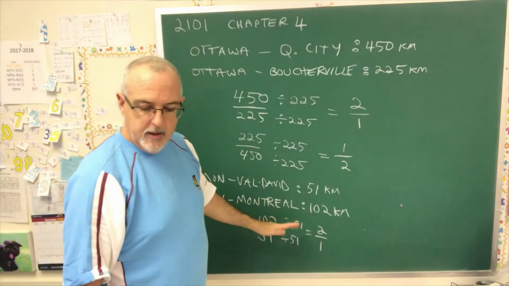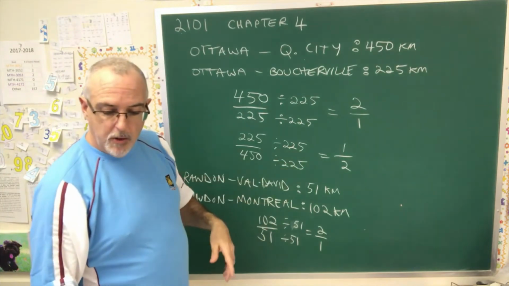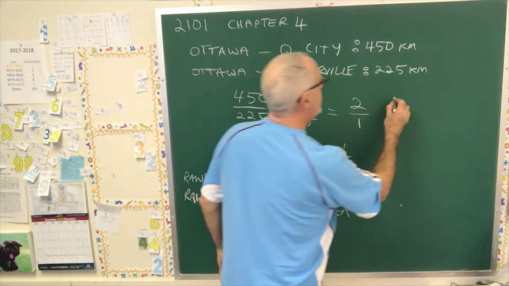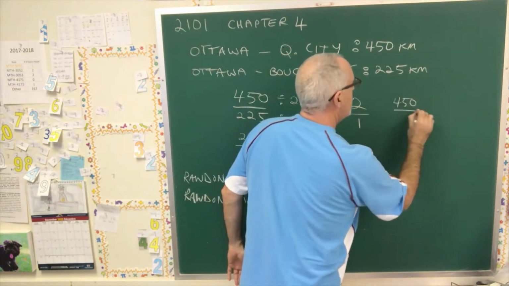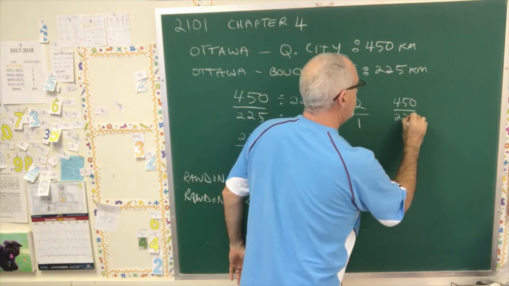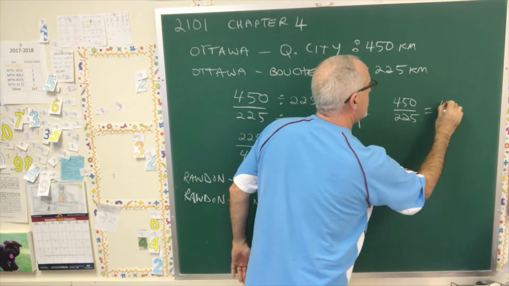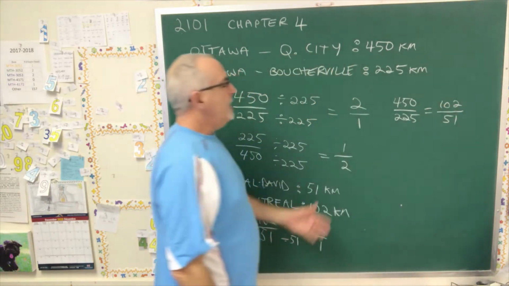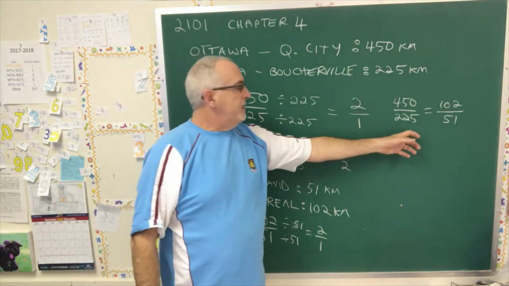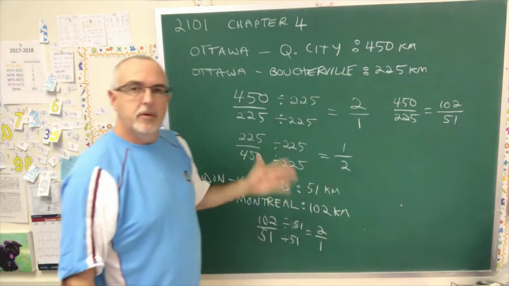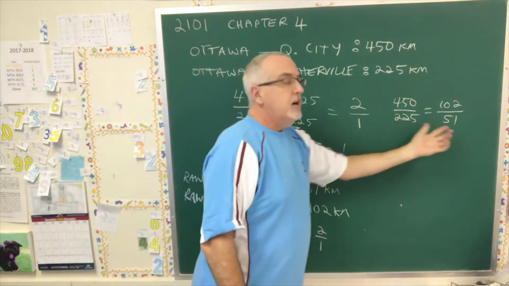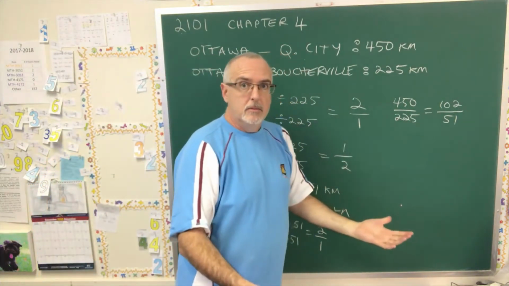What we can do with this is establish a proportion. What's a proportion? A proportion is two ratios with an equal sign between them. Remember the meaning of the equal sign that was covered in the chapter reviews from the previous chapters in this book. The two sides have to be equal.